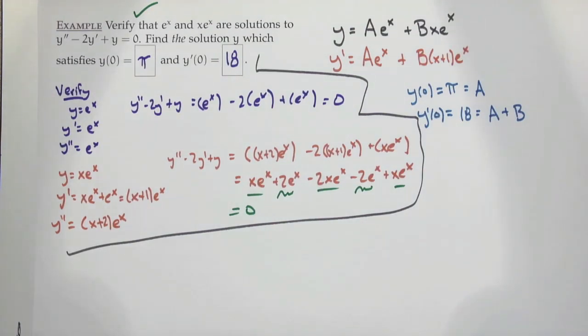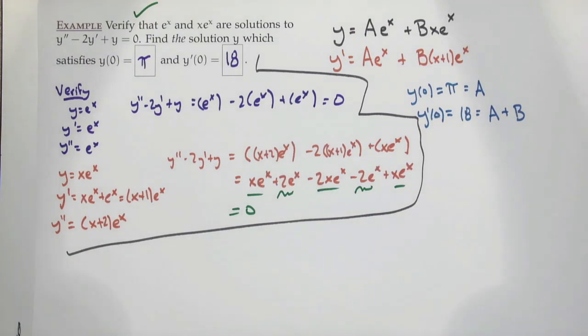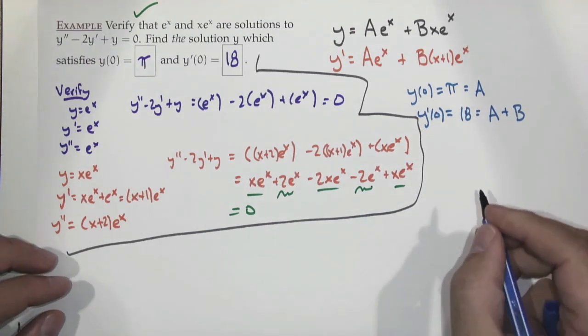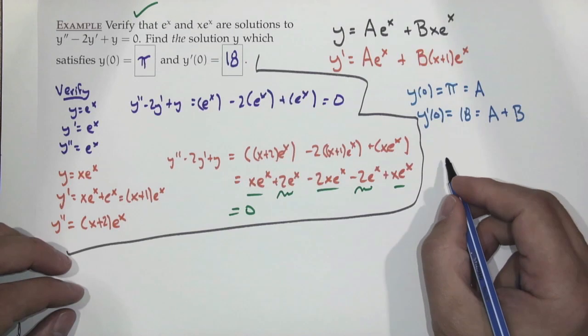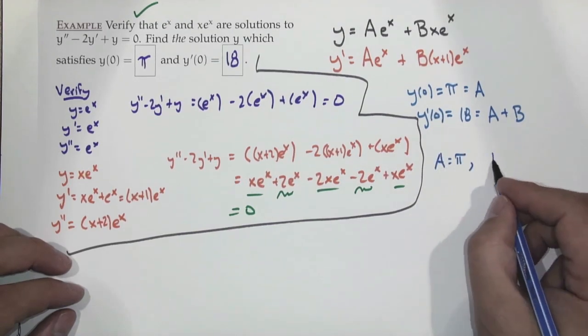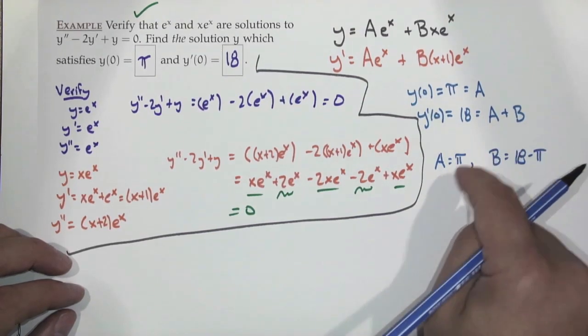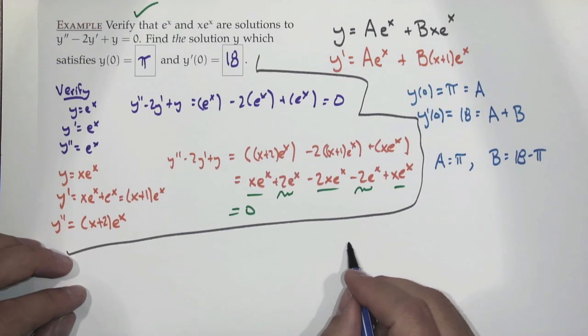Okay, so now I have two equations I have to solve for a and b. Well, I think one of them is pretty easy to solve for. What's a? Yeah, you got that one. What's b? 18 minus pi, because right, we know a is pi, put it in. So we say perfect.